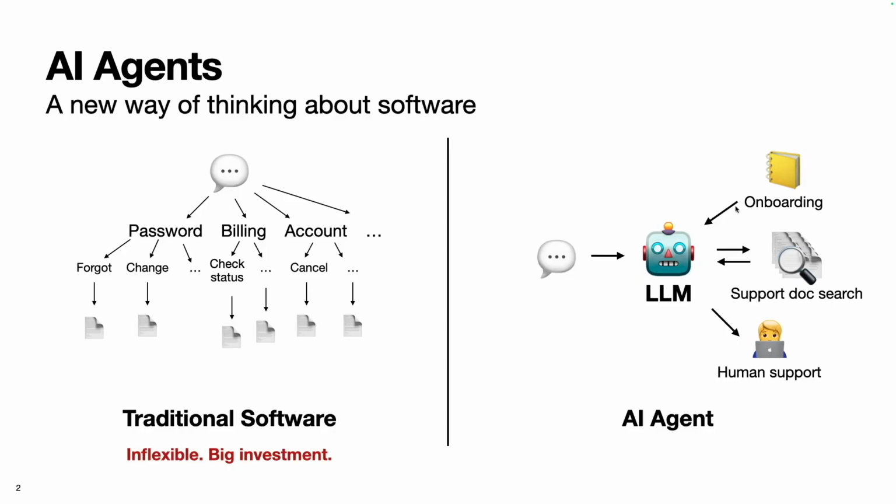Two of the key benefits of this AI agent are, one, it's a very flexible system. It's not going to be so rigid in that it can only process a handful of popular issues. It can go pretty far into this long tail of inquiries that customers might come up with. But perhaps most strikingly is how simple this solution design is. With the traditional software system, you can imagine this very complex chain of logic, if-else statements, and workflows.